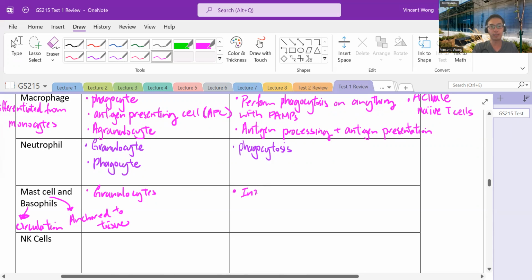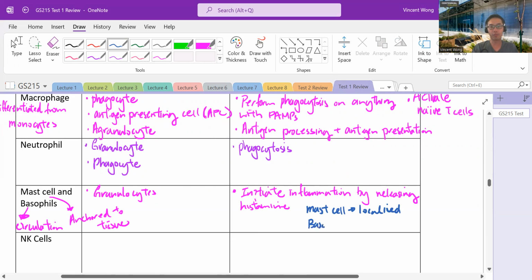They initiate inflammation, right, by releasing histamine. The main difference is that the mast cells are more for localized inflammation, again, like when you cut your finger or something.